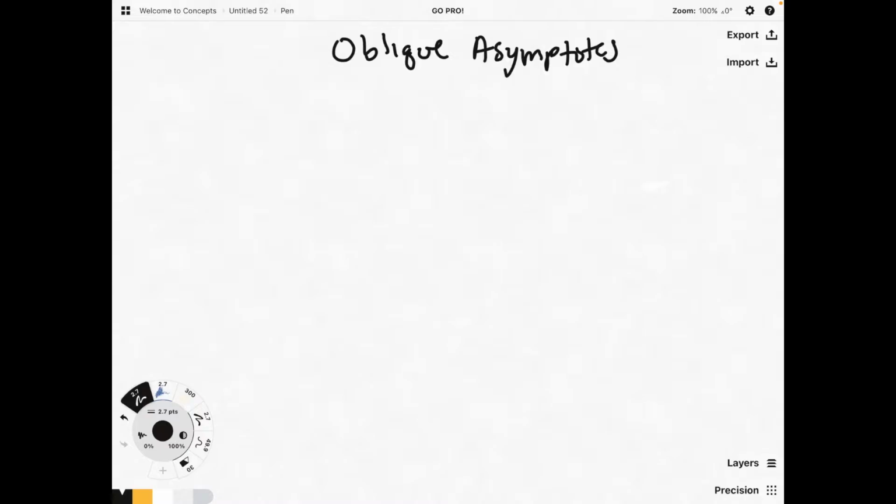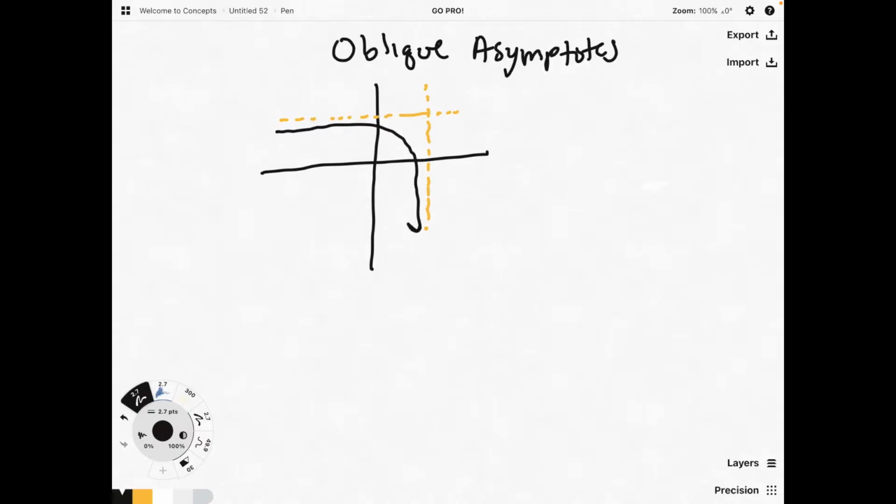So what we've seen before is we've had a graph, and potentially you could have a vertical asymptote, or you can have a horizontal asymptote in which the function approaches these lines but never touches them. Well, an oblique asymptote is, rather than a vertical line or a horizontal line, a line that is a diagonal.